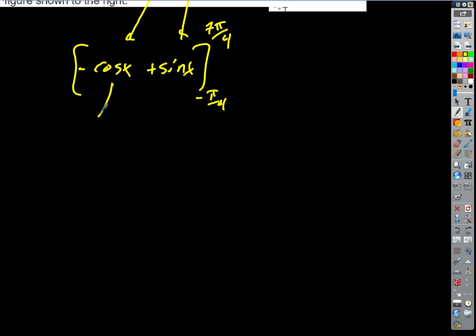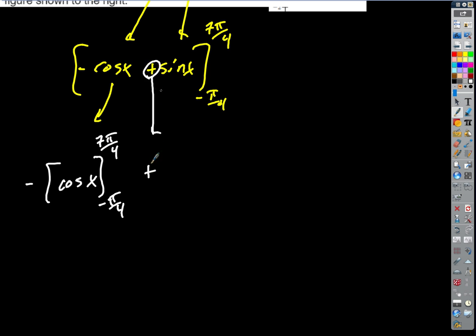That's going to give us, I can take the negative out front, I get cosine x from negative 5/4 pi to 7/4 pi, plus sine x from negative 5/4 pi to 7/4 pi. Or I can do it all at once, doesn't matter, right?